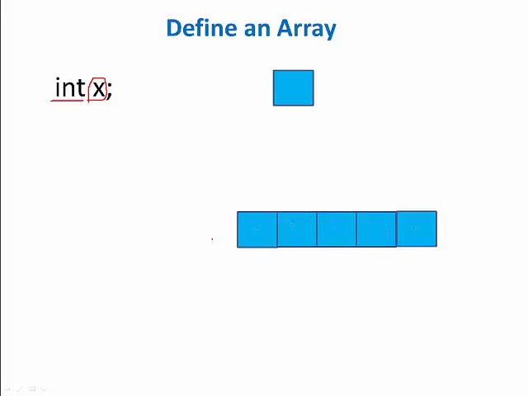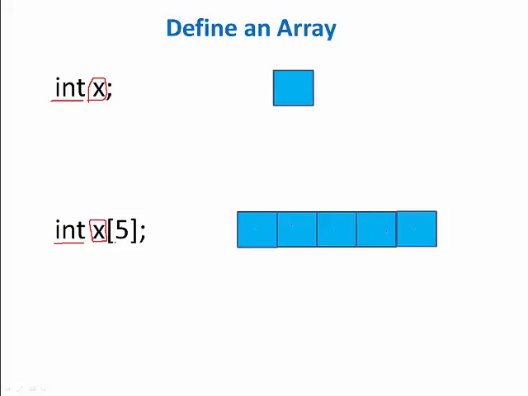To define this, again, we need to specify the type, like the single variable, and then the name of the array. Here we call it x, and the same rules of naming variables also apply to naming arrays because they are still considered variables.